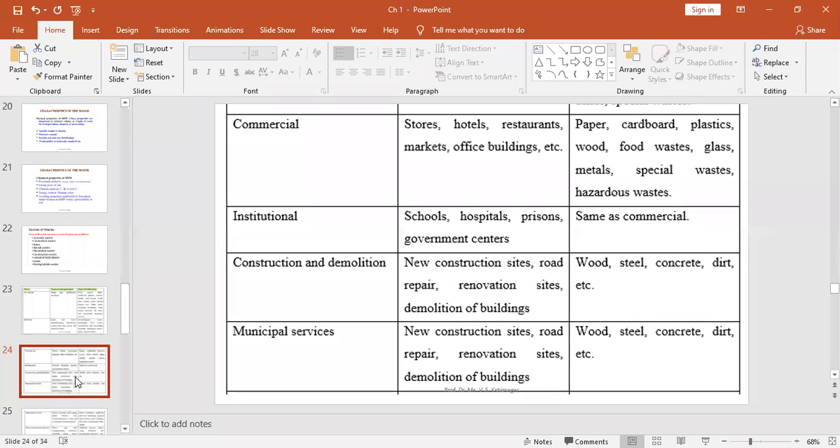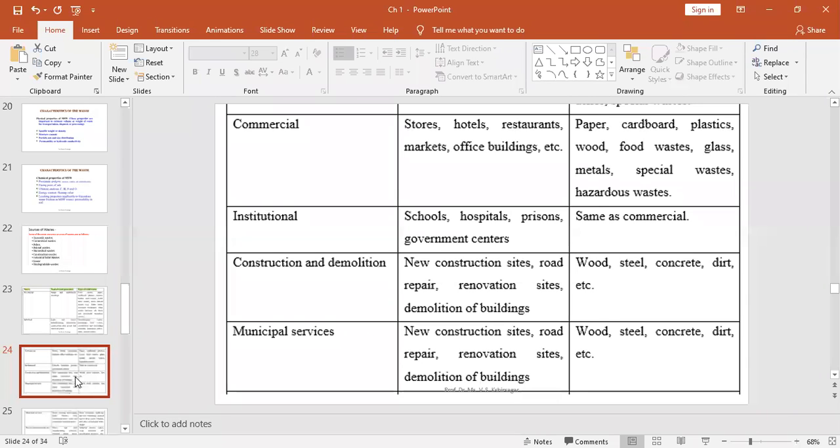Many festival decorations are prepared, and at that time gypsum is used, and this is non-decomposable waste. For a longer period, it remains as it is. So that is also a kind of construction and demolition waste, and such waste requires a huge amount of land to be provided.